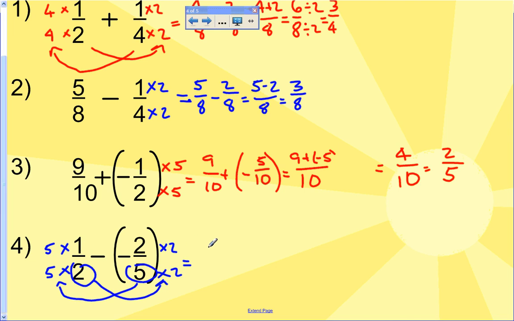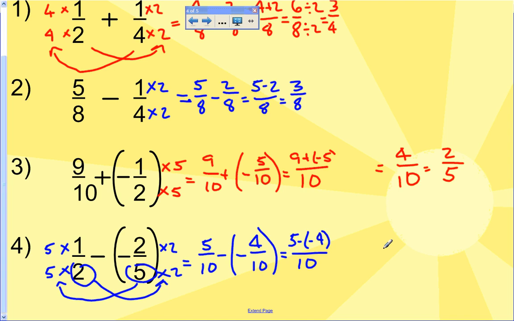So 5 times 1 gives me 5. Excuse me, 5 times 2 gives me 10. Minus negative sign. 2 times 2 is 4. 5 times 2 is 10. So my common denominator is 10. All right? So now let's write this out. I have 5 minus negative 4 over 10. 5 minus negative 4.